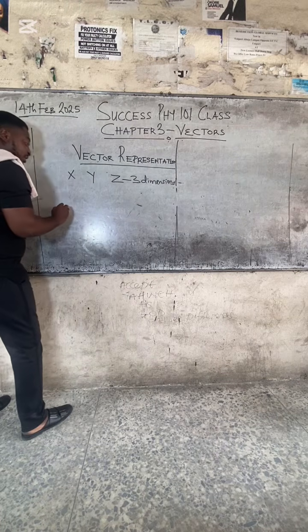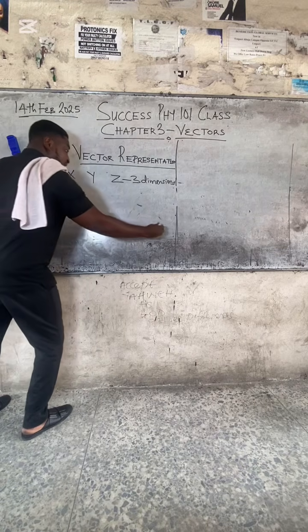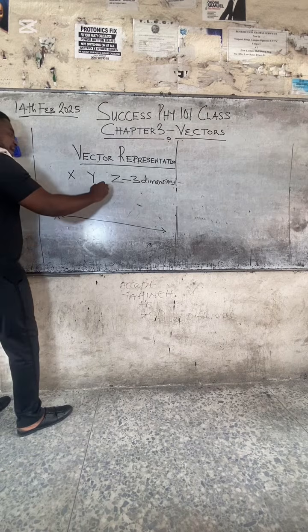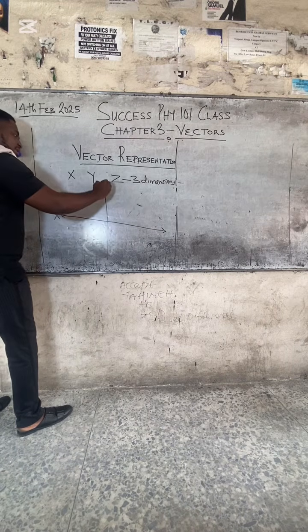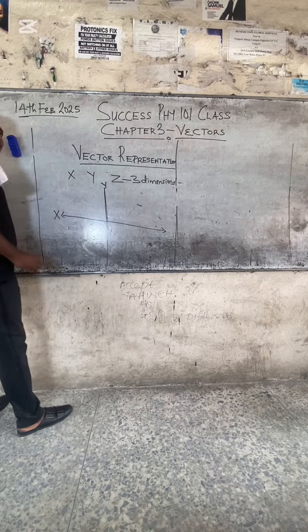Class, the x dimension is any vector on the horizontal axis, on the x-axis. The y dimension is any vector on the y-axis.